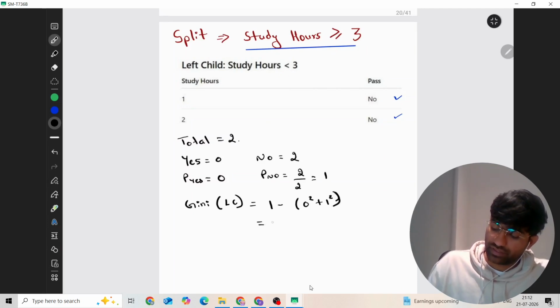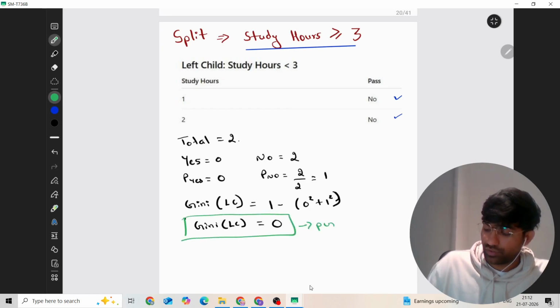That will be 0. Gini impurity of left child is 0. This is a pure split, pure node or leaf node.